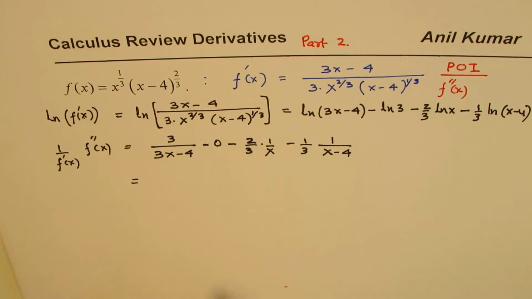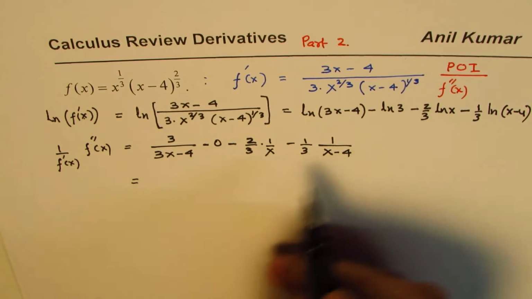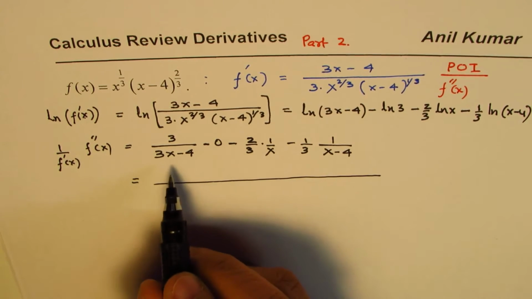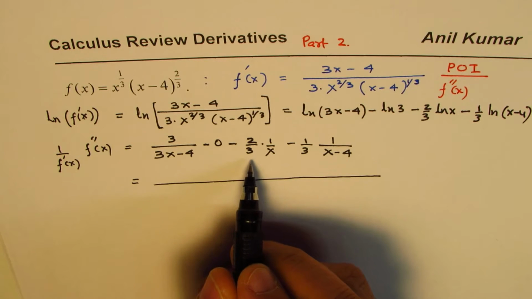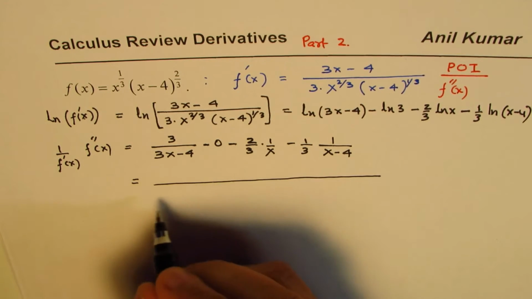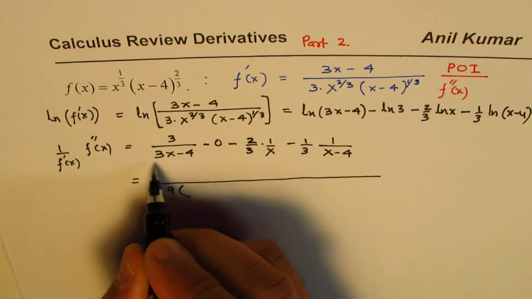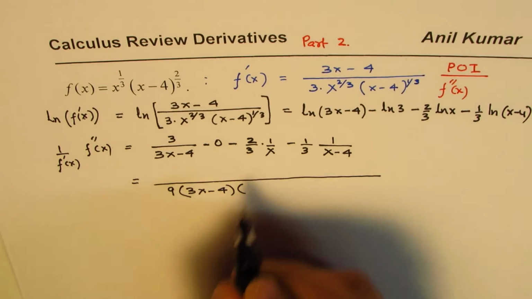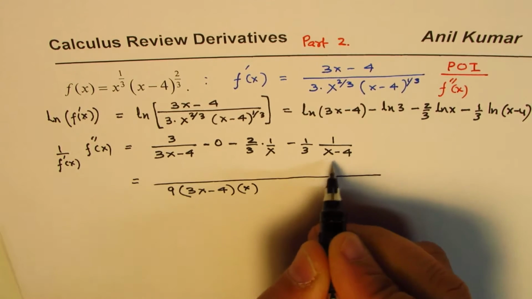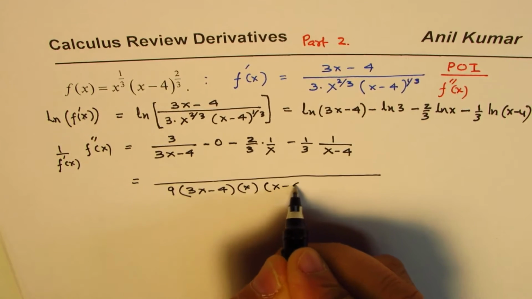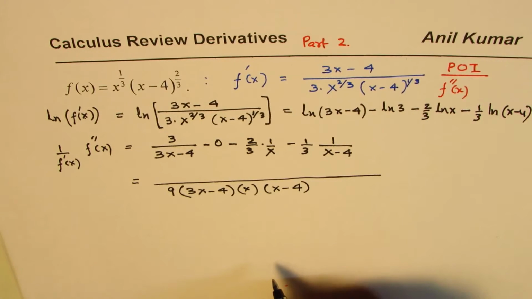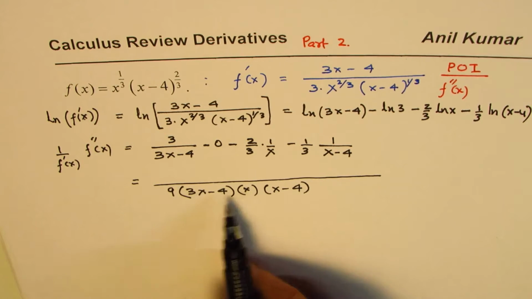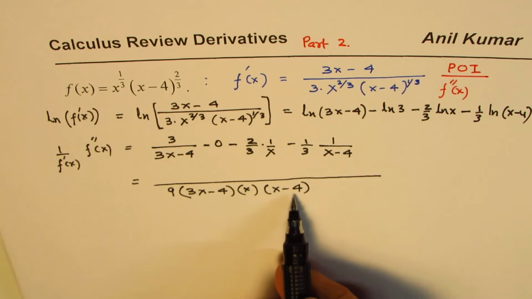So now let's see what is the common denominator. So as far as the numbers are concerned, we have 3 times 3, which is 9. So let me write 9 here, and these are the factors: 3x minus 4, x, and x minus 4. So these are the three factors which will get into the denominator: 9x times (3x minus 4) times (x minus 4).